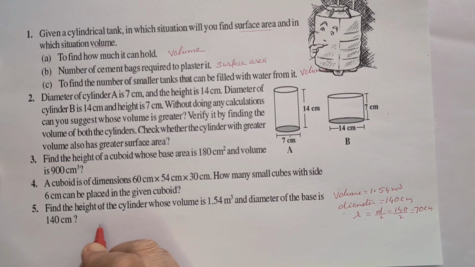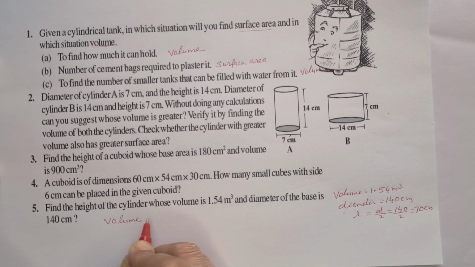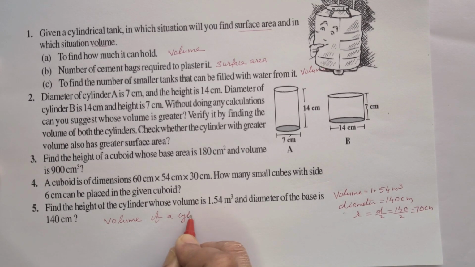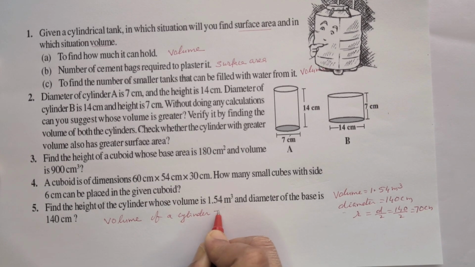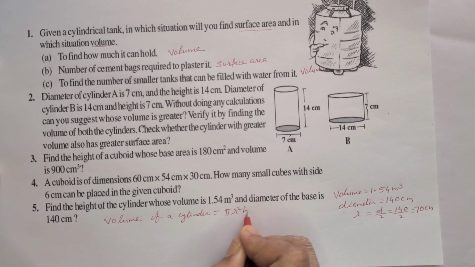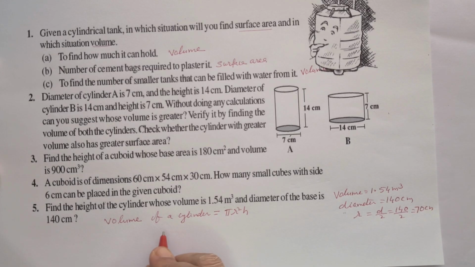Now we know that volume of a cylinder, the formula is volume of the cylinder is equal to pi r square h. Here volume is given as 1.54.